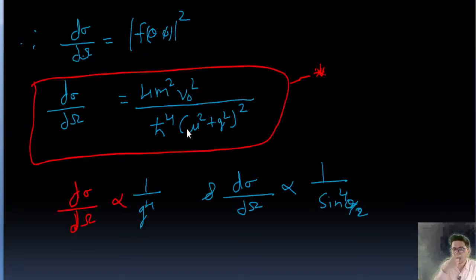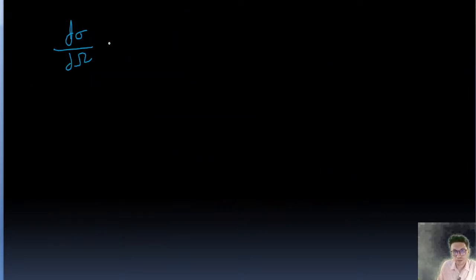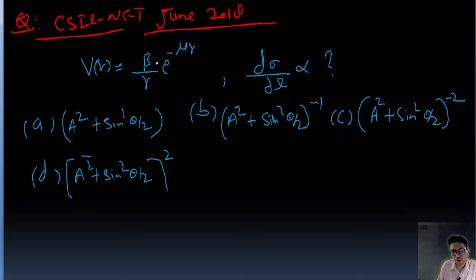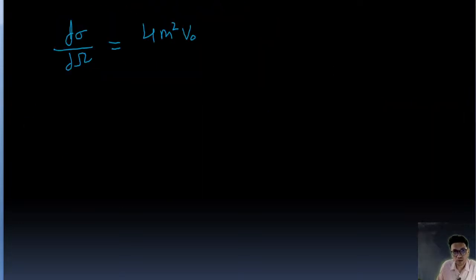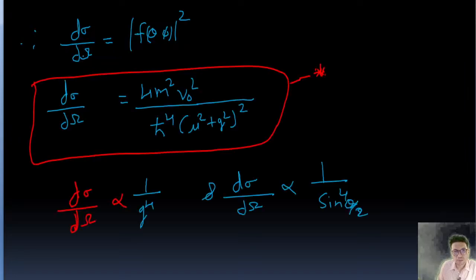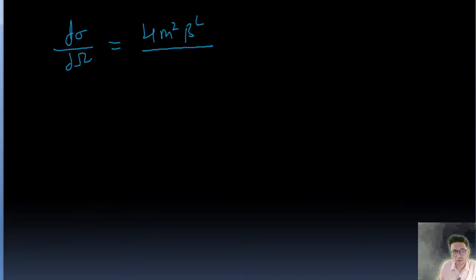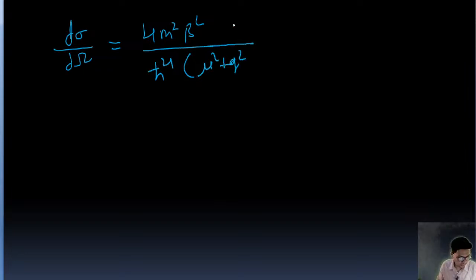We know d sigma upon d omega, this formula I have told you to note down, equals 4 m square V naught square upon h cut to the power 4 into mu square plus q square whole square. Here in place of V naught is beta, so V naught square becomes beta square. Okay, V naught equals beta here.